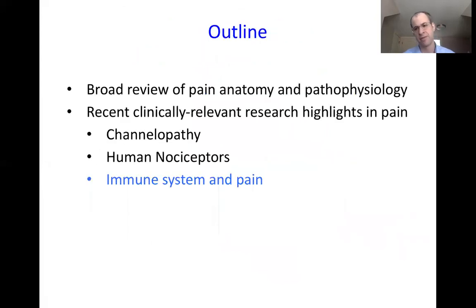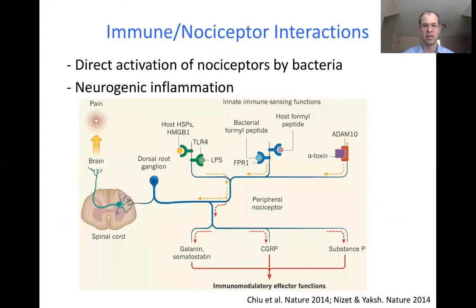The last topic that I'll just mention briefly is the immune system in pain. There have been several exciting findings within the past several years. One of these includes the idea that there's direct activation of nociceptors by bacteria and bacterial products, and that is a way of causing both pain and neurogenic inflammation.